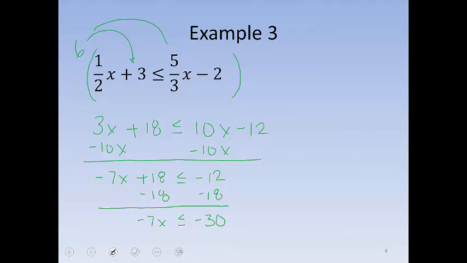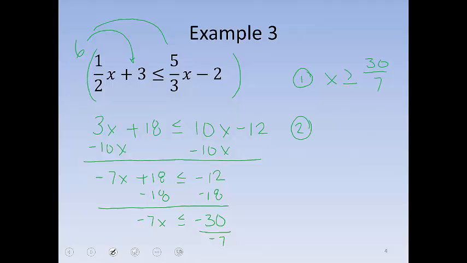When we divide by negative 7, I need to address what happens with the numbers on the right side, the negative 30 divided by negative 7, but I also need to flip my symbol. So this becomes, in inequality form, x is greater than or equal to, and a negative divided by a negative is a positive, 30 over 7.